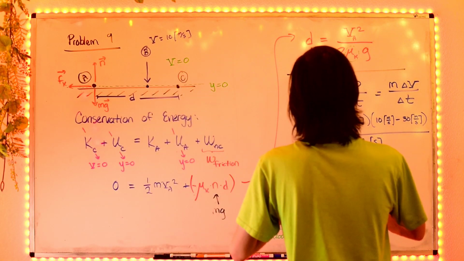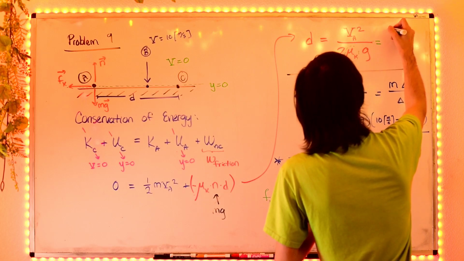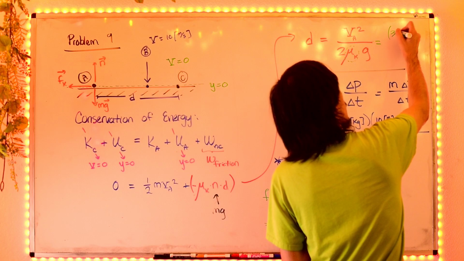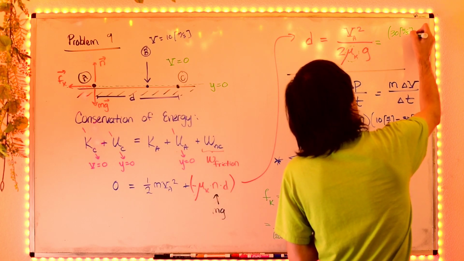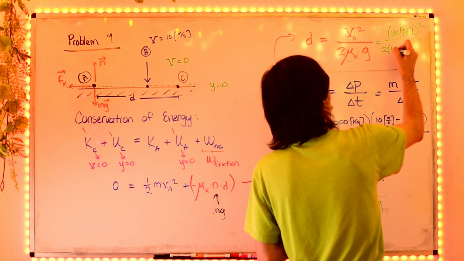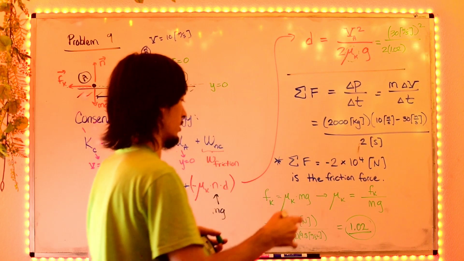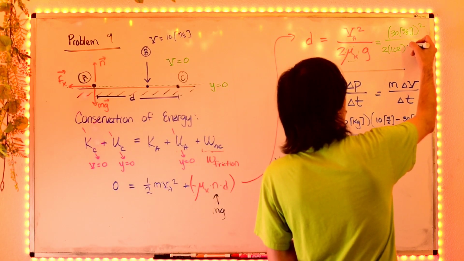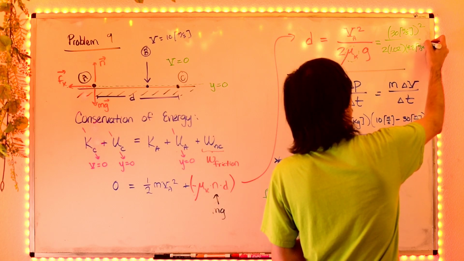So when you calculate this up here, you use the initial speed, which is 30 meters per second, square it, divided by 2 times the coefficient, which is 1.02, a little bit large realistically, but we'll use it, and then g, which is 9.8 meters per second squared.